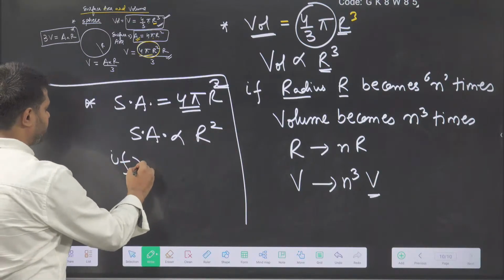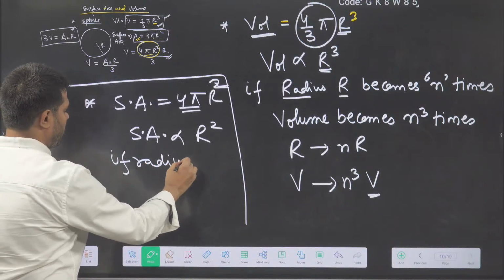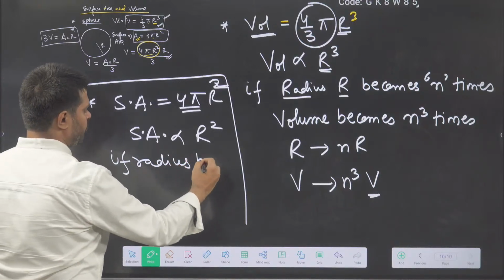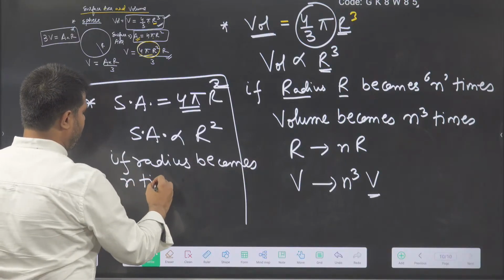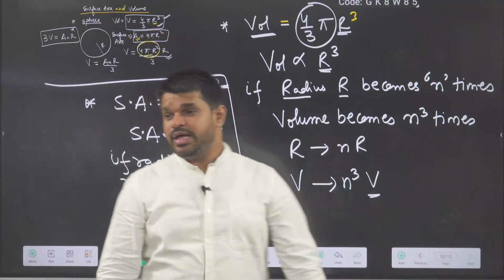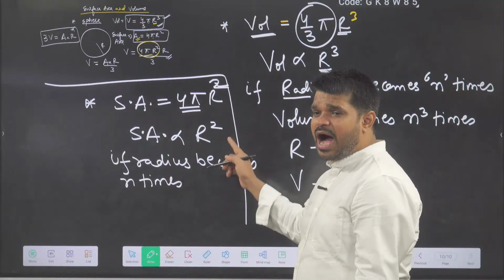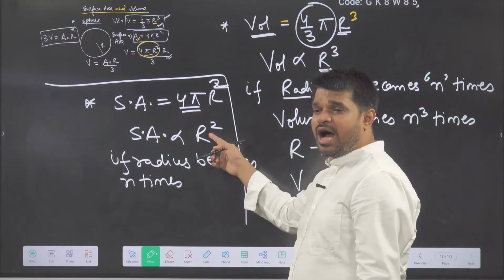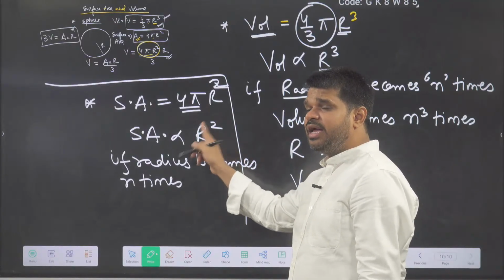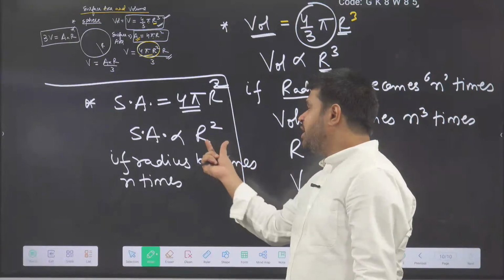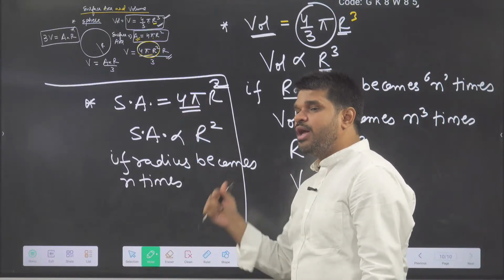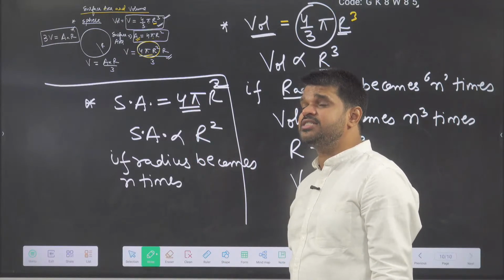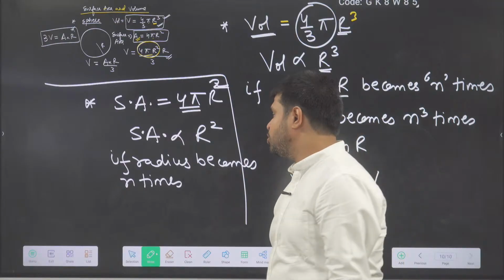If radius becomes n times, in place of radius r, if I put nr, then what will happen? n squared r squared will come. In the expression of surface area, an extra n squared will come. It means the new surface area is n squared times the old.